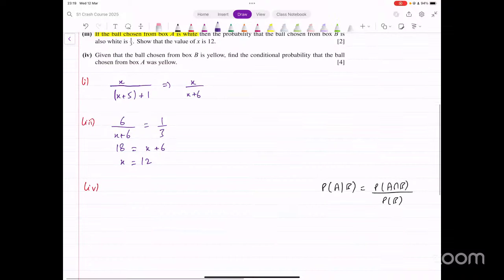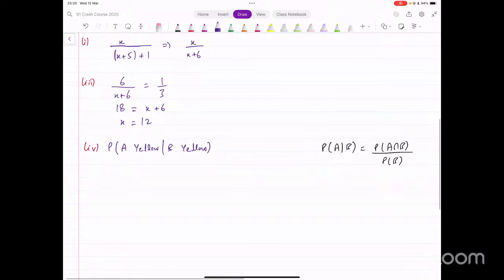Now, what's the probability that we're looking for here? Probability that the ball chosen from box A was yellow, given that the ball chosen from box B is yellow. We can write it like this. Okay. What is this going to equal? Probability of the ball chosen from A yellow, intersection.